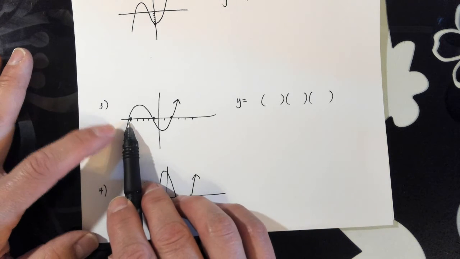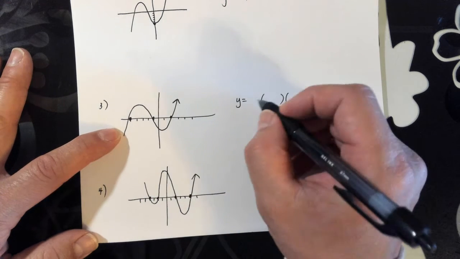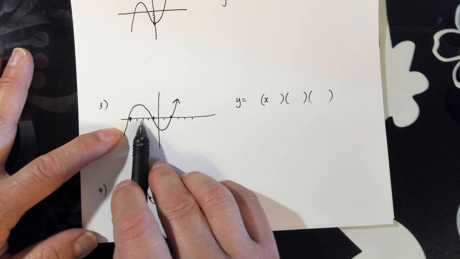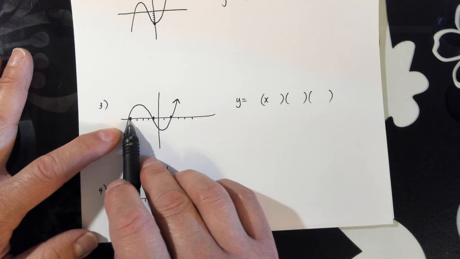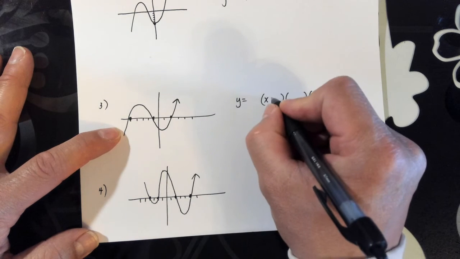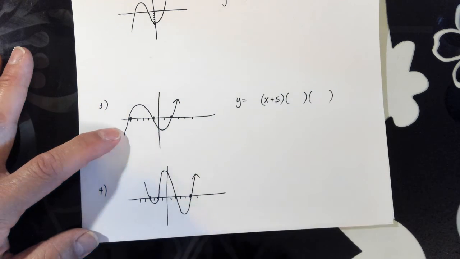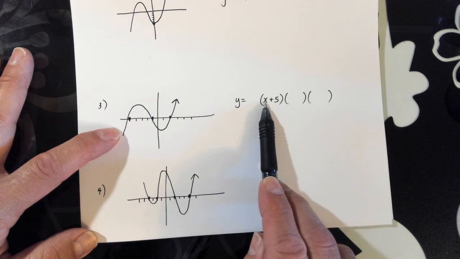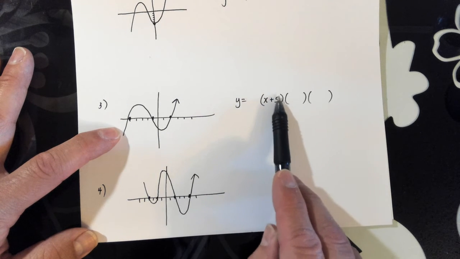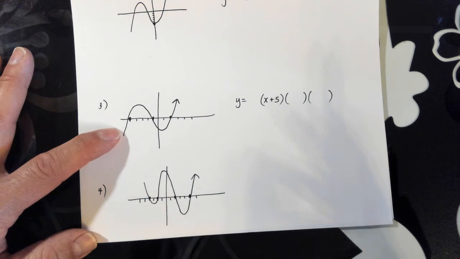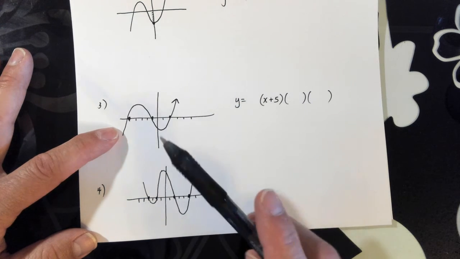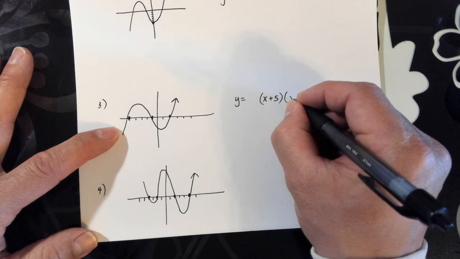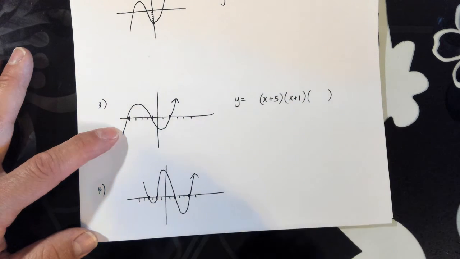Let's start with this one and then work our way left to right, just like you would read. That is negative 5 is the root, so the factor must be x plus 5. Remember, whatever this number is, when you plug it in for the x value, it should make the factor equal 0. That's why it's called a 0 sometimes. This is a negative 1, so the next factor is x plus 1.